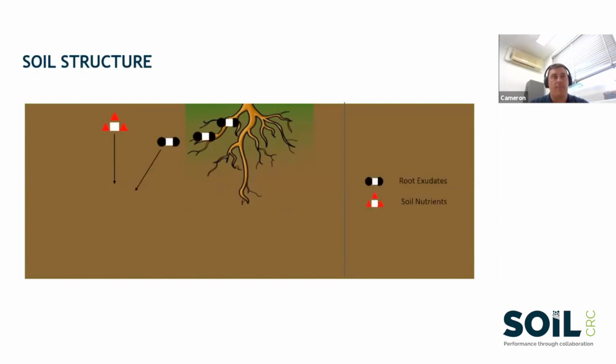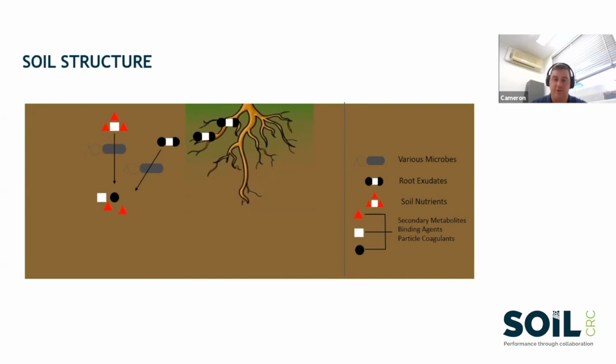Plant roots exude different forms of carbon in root exudates, and obviously through the breakdown of soil organic matter, you've got different soil nutrients sitting in there. And these are acted upon by various microbes, both bacteria and fungi. And then those are broken down through decomposition into secondary metabolites.